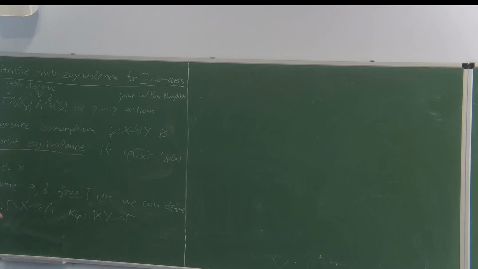So once I act by an element here on some point in the space, this should be implemented by some group element here when looking at the image of phi.